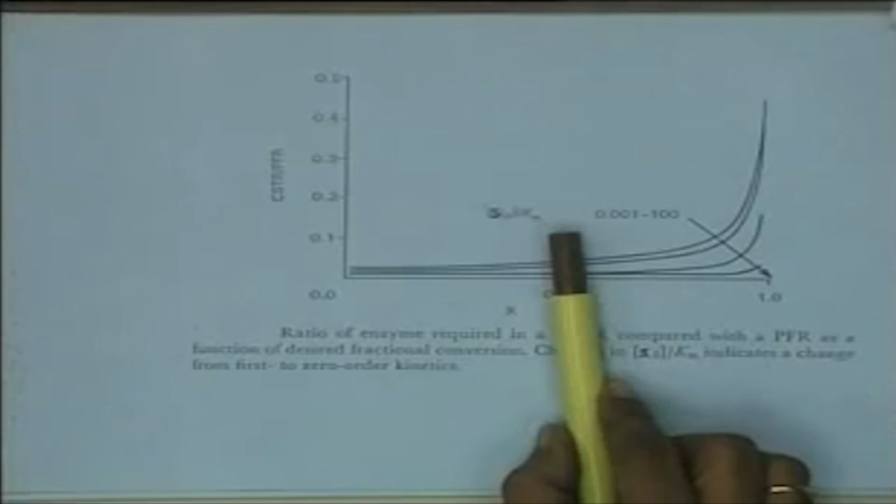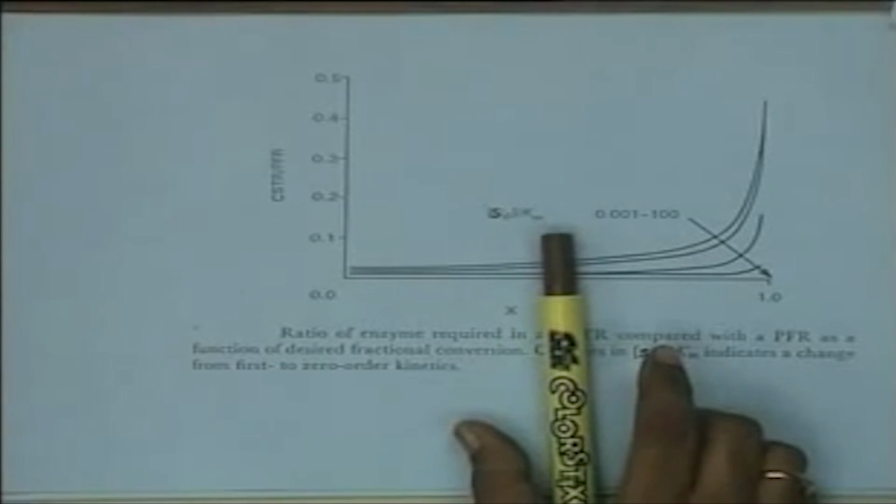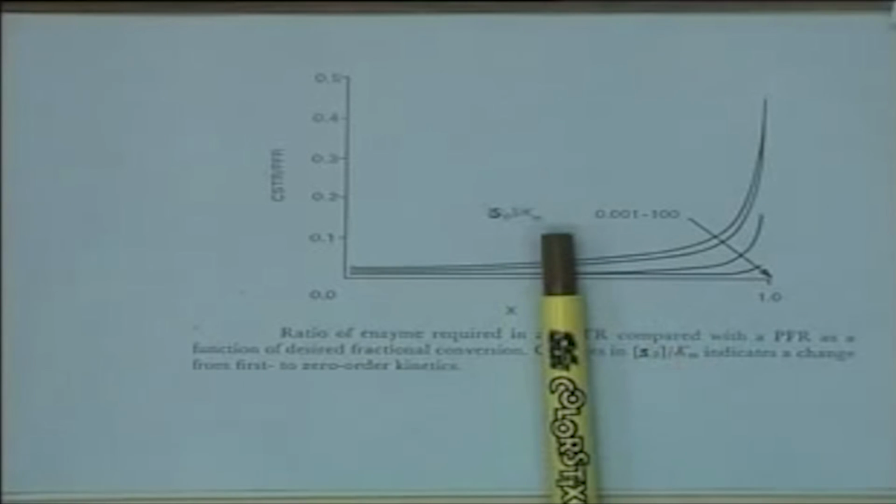For example, in the earlier phases, let us say up to 90%, there is no major gain in using PFR, but if you want a fractional conversion much higher than 90%, then the PFR becomes more and more a matter of choice.